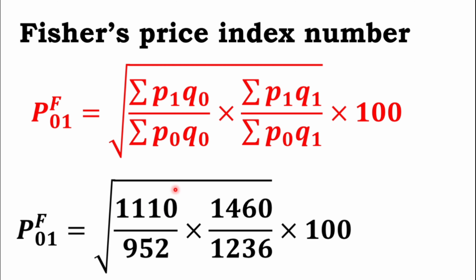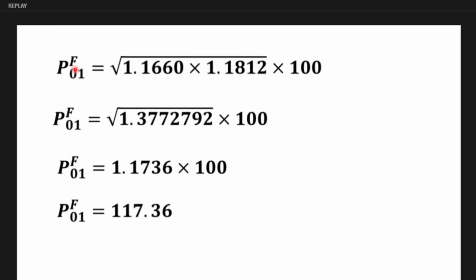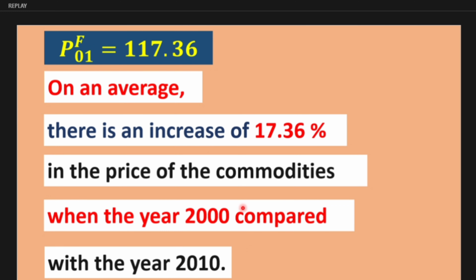All the values we have in the table, so substituting all four summations. Fisher's index number is the square root of 1.166 into 1.1812, which gives 1.37. The square root of 1.37 is 1.1736, multiplied with 100 will give 117.36 for Fisher's index number.